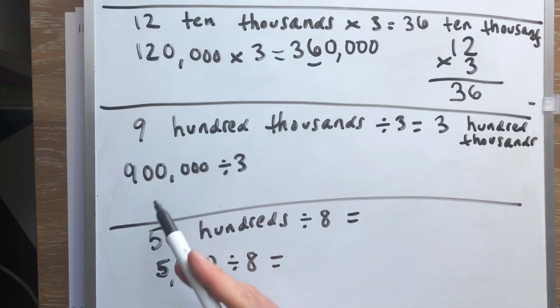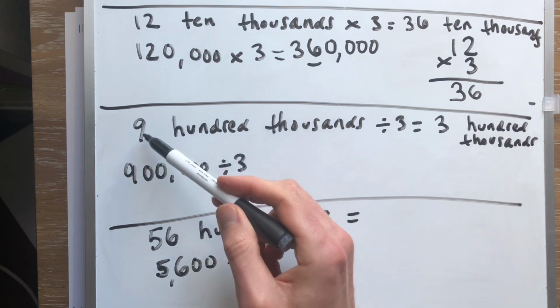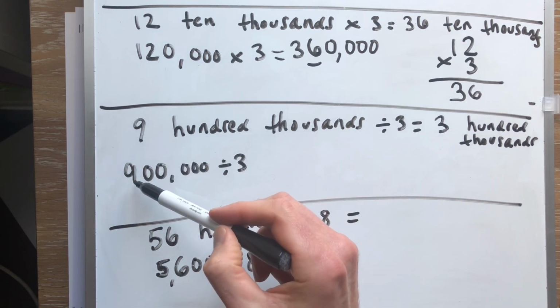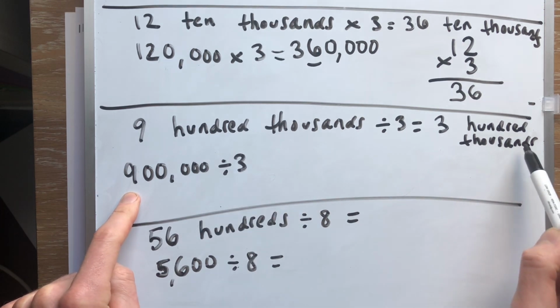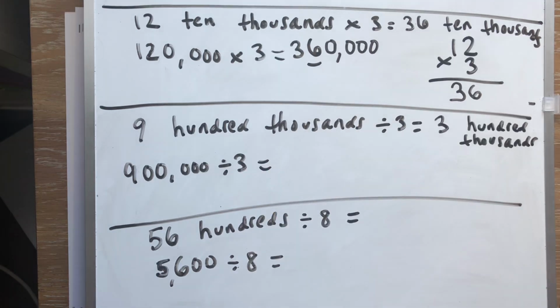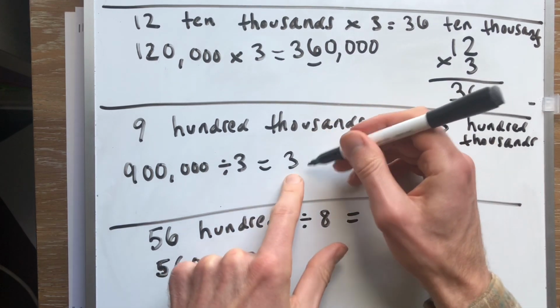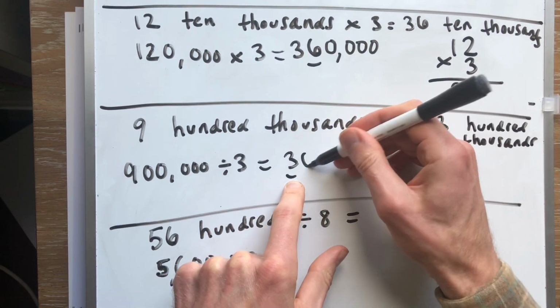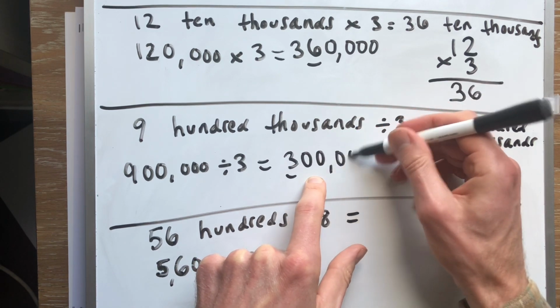So this is what it looks like here. Then you can check their work. Is the 9 in the 100,000 spot? Yep. So we already figured it out. It's going to be 300,000. So we just write the number down here. What is in the 100,000 spot? 3. 100,000 spot, 10,000s, thousands, hundreds, tens, ones.